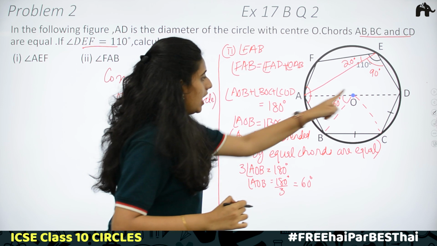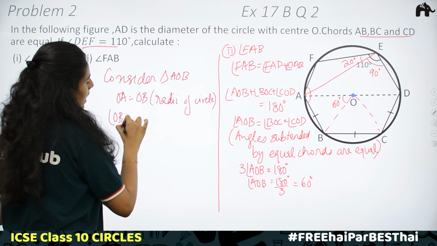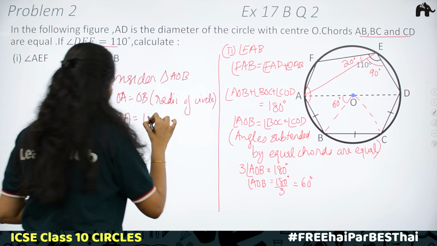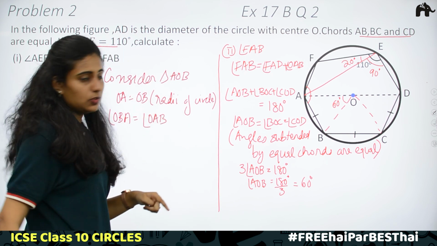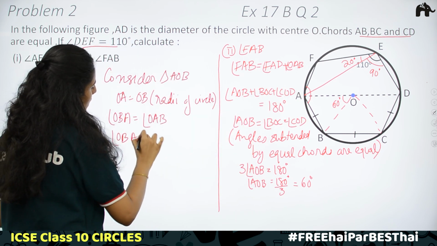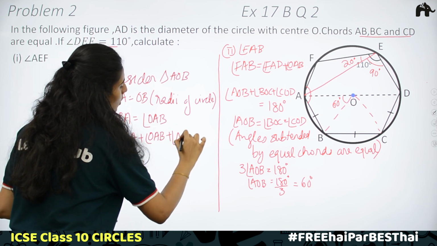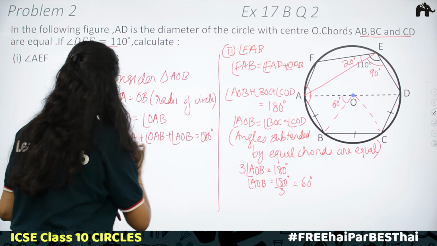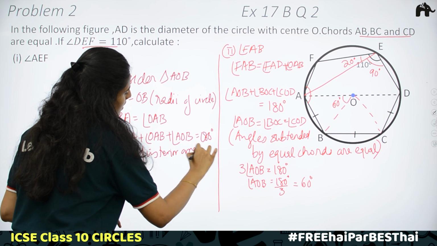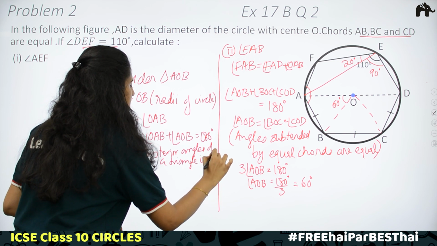Angle opposite to OA is OBA, and angle opposite to OB is OAB. Okay. In this triangle, we have angle OBA plus angle OAB plus angle AOB is equal to 180 degrees. The sum of interior angles of a triangle is 180 degrees.